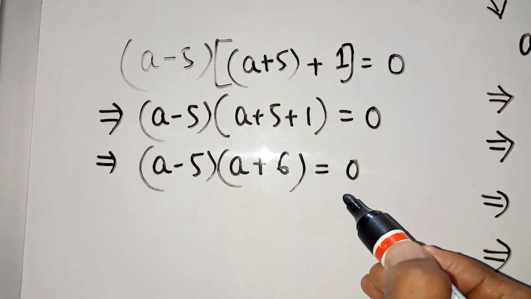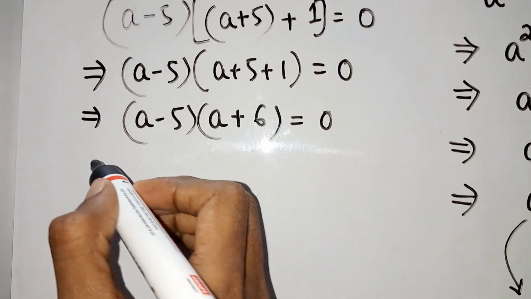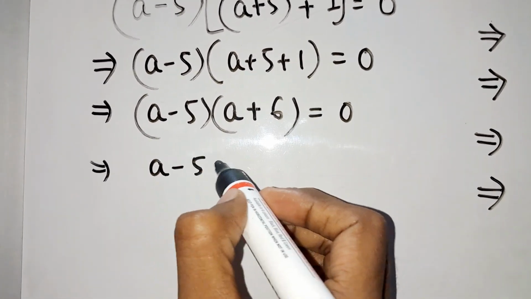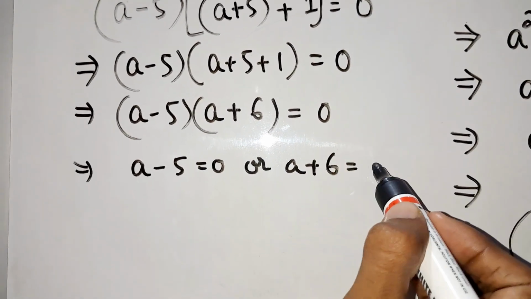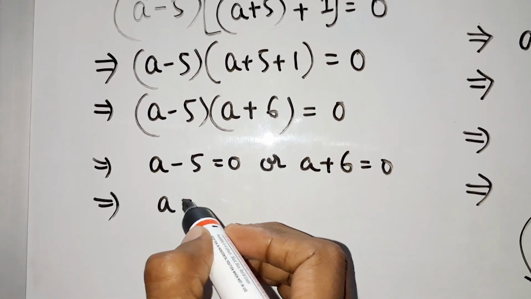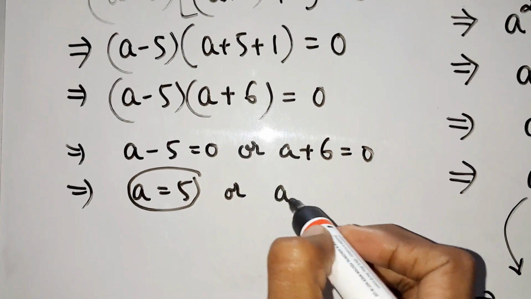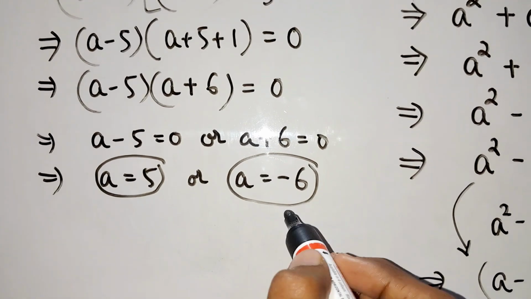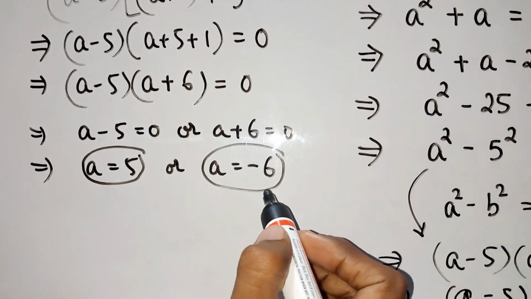If a minus 5 multiplied by a plus 6 equals to 0, we can write either a minus 5 equals to 0 or a plus 6 equals to 0, from which a is 5 or a is negative 6. We can have these two values: either a equals to 5 or a equals to negative 6.